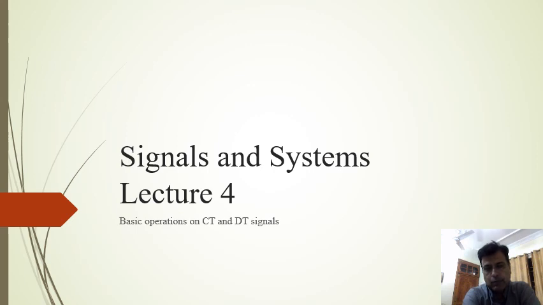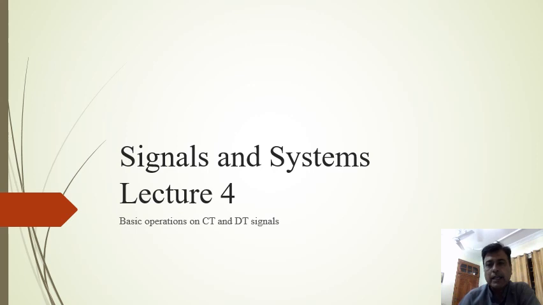So they manipulate the signals in one way or the other. So what are the different types of manipulations which are performed by the systems on the input signals? We are going to discuss them today.